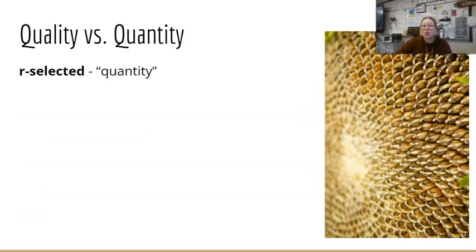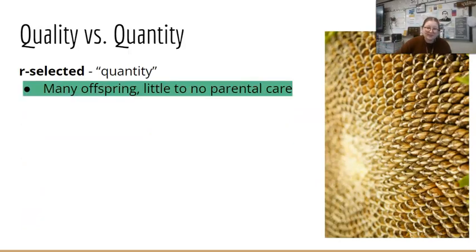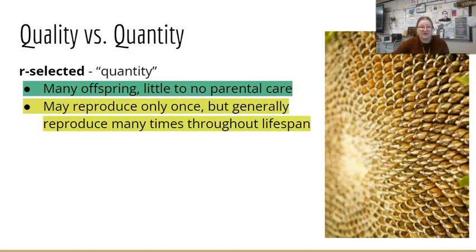R-selected is going to focus on quantity: lots of babies, lots of offspring, little to no parental care. You're just pumping a bunch out, hoping a few of them survive. They may reproduce only once, but generally reproduce many times throughout their lifespan. Examples are insects, fish, and plants. Those species that only reproduce once have a ton of babies and a really short lifespan.